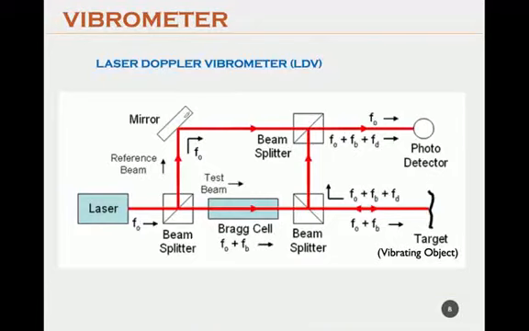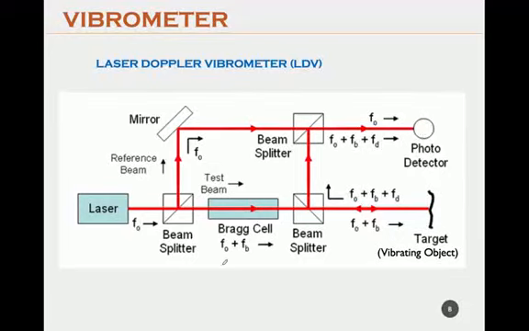One example is the laser Doppler vibrometer. Here we utilize a laser beam and the Doppler shift to sense the movement of a body. The body here is named as a target. So this is a vibrating or moving body. The movement of the body is sensed in the photodetector.